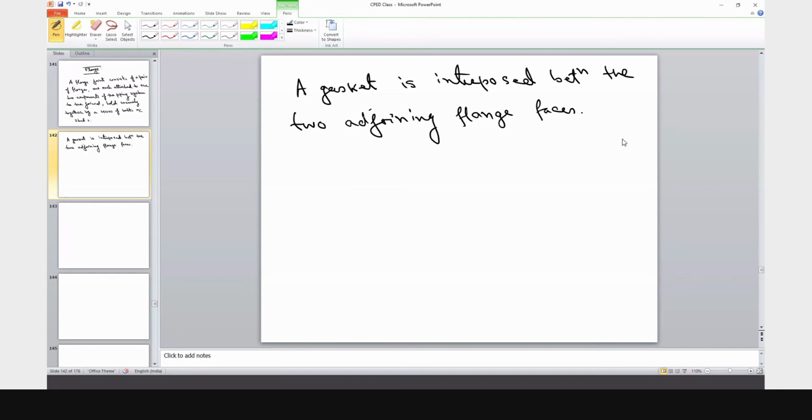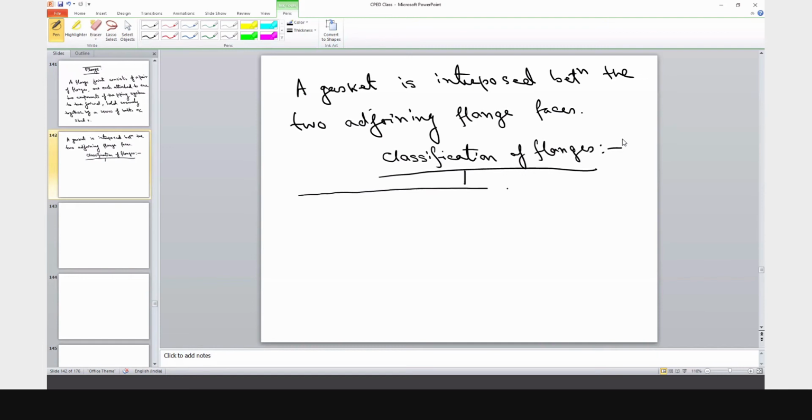Okay, now the classification of flange. So flange may be classified in different ways. First is the standard flange, which is easily available. The specification is fixed. So that is the standard flange.